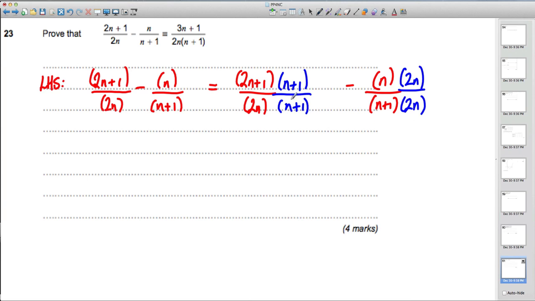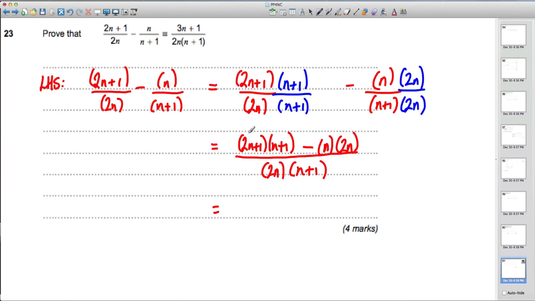Now they have the same common denominators and you can combine the tops. So this would be equal to (2n plus 1)(n plus 1), subtract everything you get when you do n multiplied by 2n, all over 2n(n plus 1). Now it's just a case of expanding this out. 2n times n is 2n squared, 2n times 1 is 2n, 1 times n is 1n, 1 times 1 is 1.